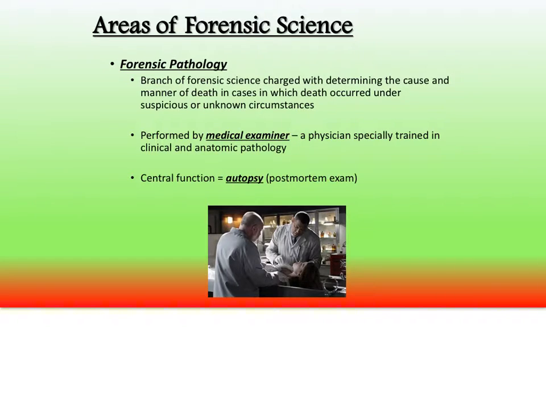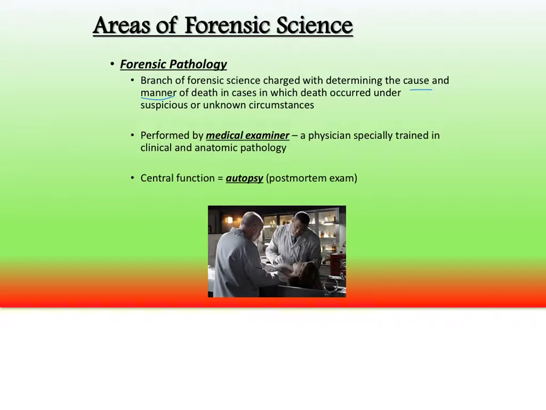Up here at the top, I've got cause of death and manner of death, which you're probably thinking are the same thing, but they're actually different. Cause of death is what specifically killed the person. Manner of death is how that happened. For instance, cause of death might be a single gunshot wound to the abdomen.